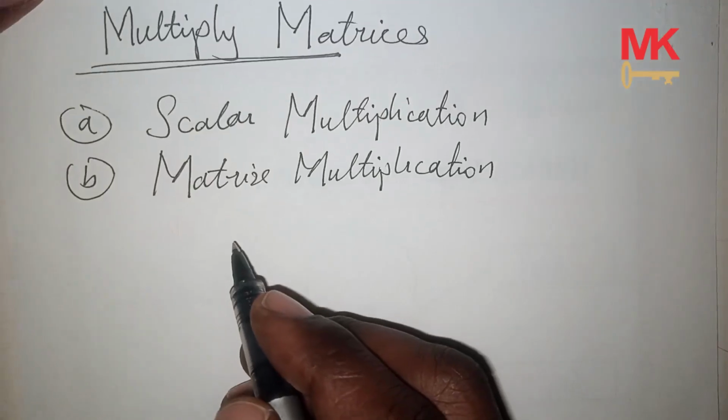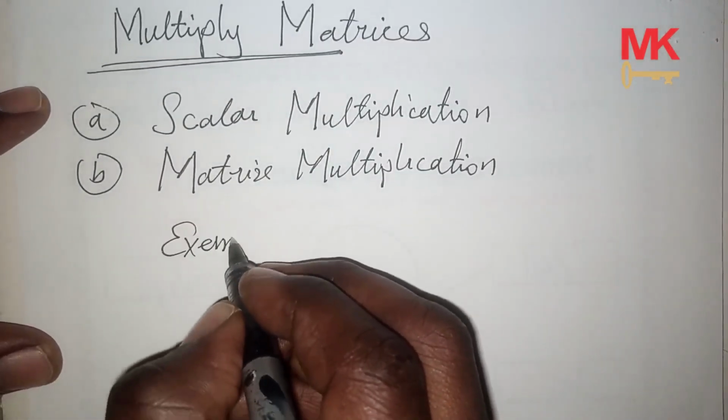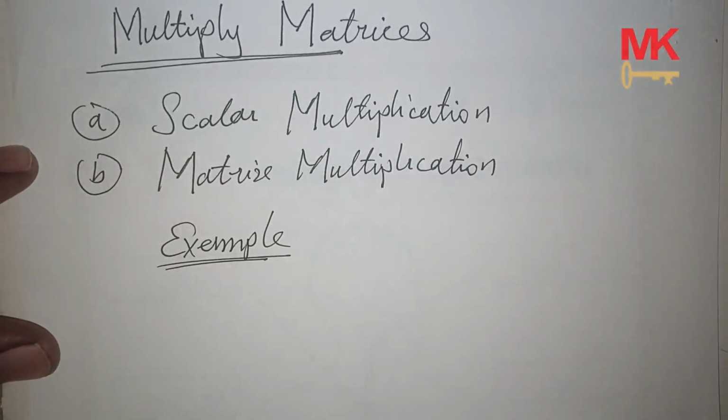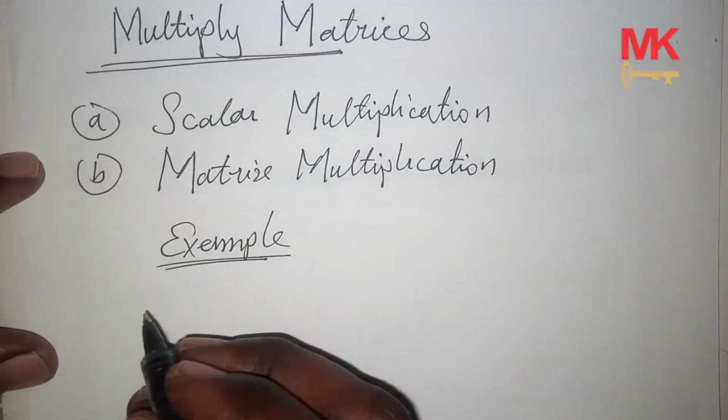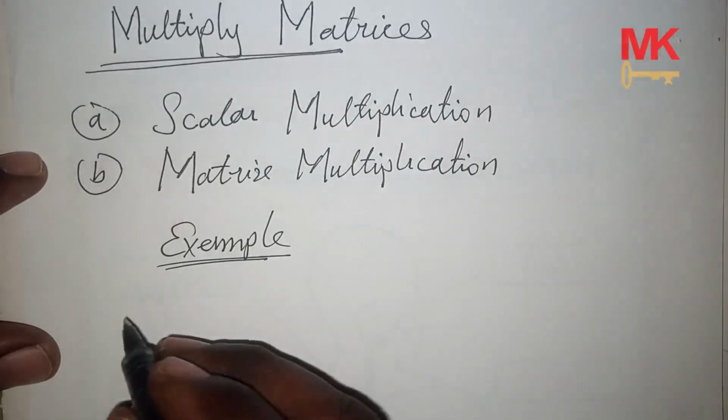So when we talk about scalar multiplication of matrix, I'll just give you an example. It means a single number multiplying a whole matrix. Okay, so for example, we can have a question like this.